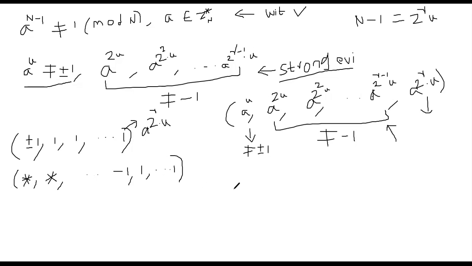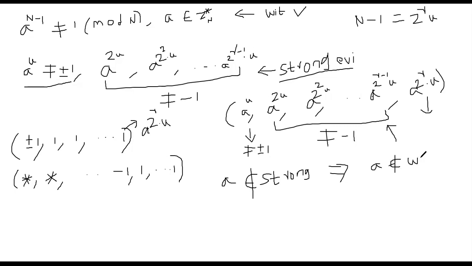So far we learned that if an element A is not a strong evidence, it doesn't belong to the set of all strong evidence, then it cannot belong to evidence either. So if A is not a strong witness, then we say A is not an element of witness either.